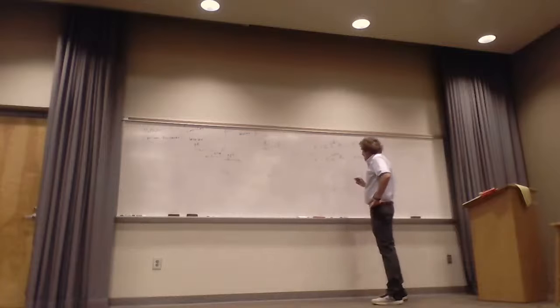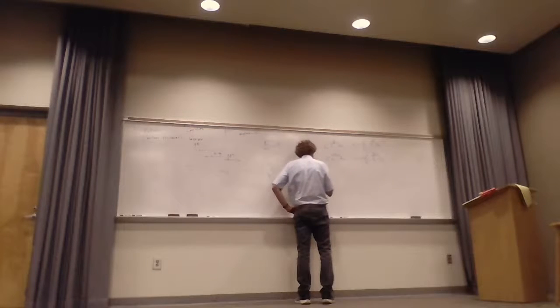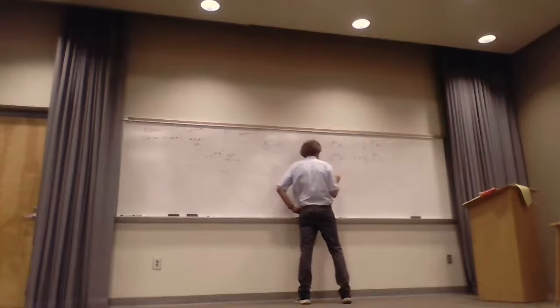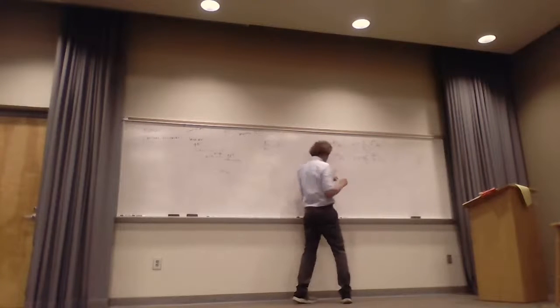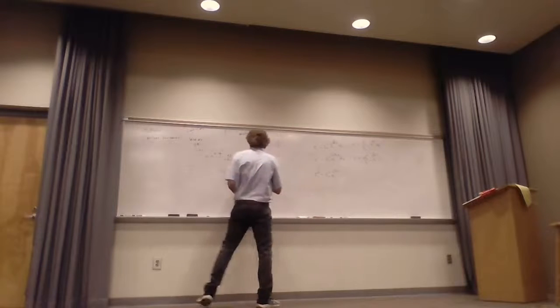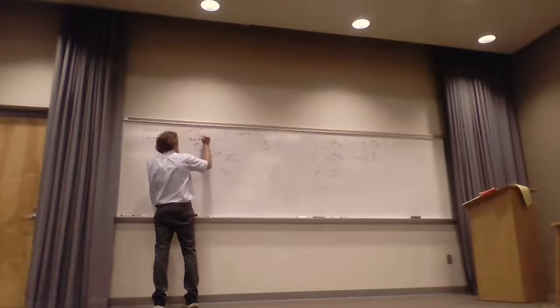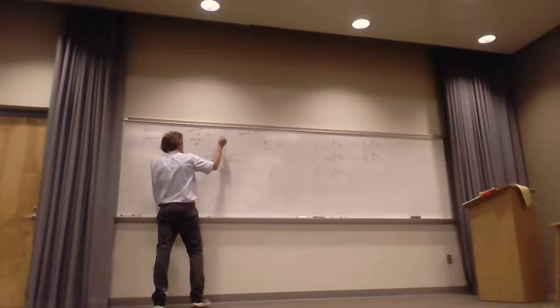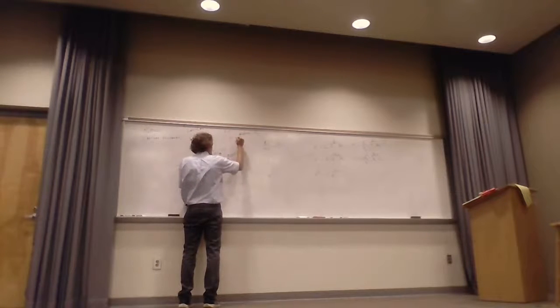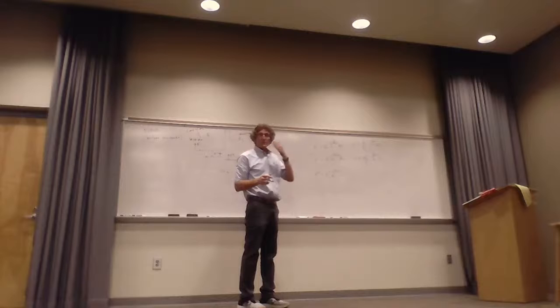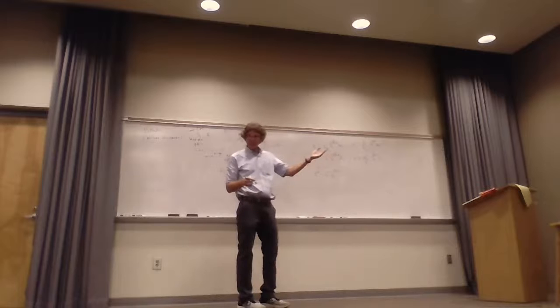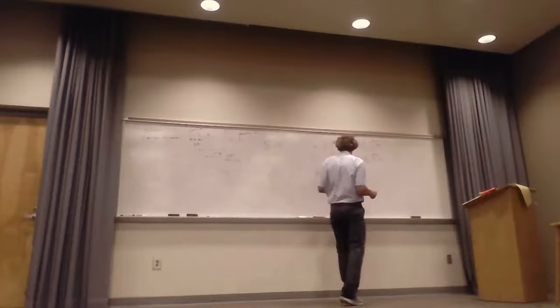And finally, the transmitted field will look pretty much like the incident field. E naught transmitted, some scalar value, times e to the minus j beta 2 z, beta 2 because we're in the second medium. I didn't put this down here, but medium 1 has some eta 1, beta 1, and medium 2 has some eta 2, beta 2. One thing I should always say: the frequency is always the same for propagating waves as they penetrate different regions. Wavelength will change, and beta will change, but never the frequency.